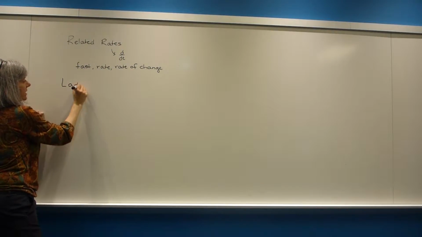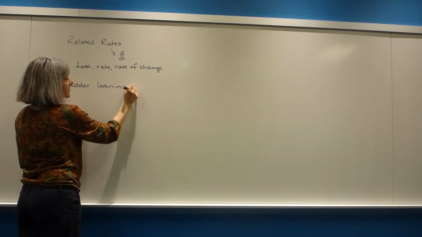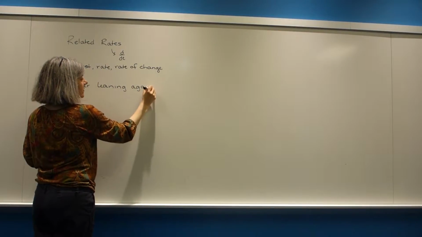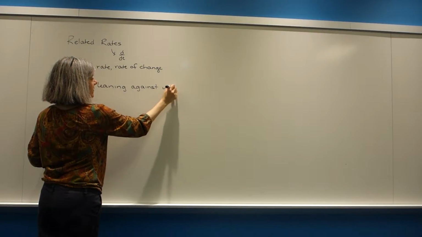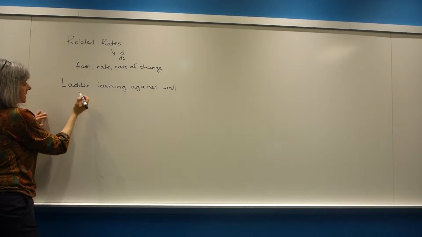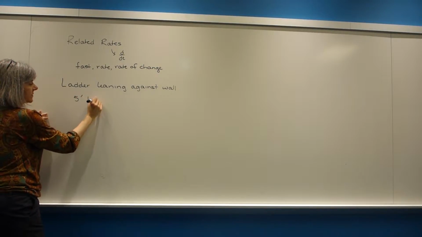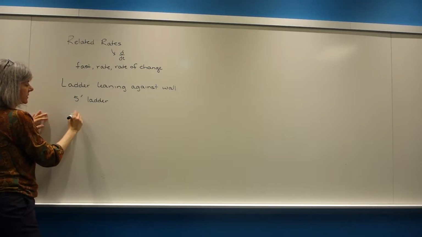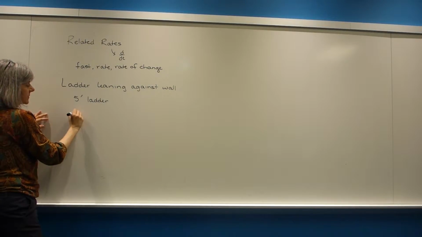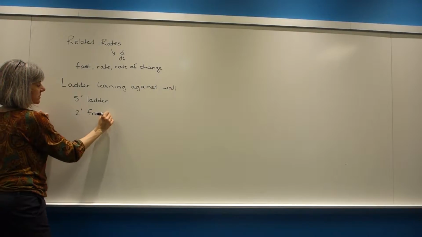Let's do a ladder. So you've got a ladder leaning against a wall. This is not going to be very wordy, so I'm just going to throw out some things. So it's a 5-foot ladder. I guess it's pretty short. The bottom is 2 feet from the wall.